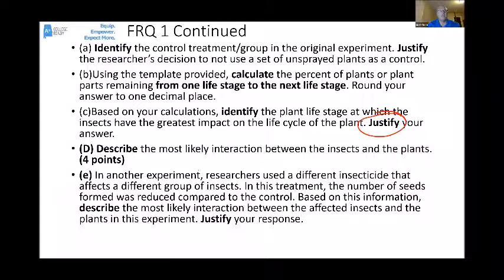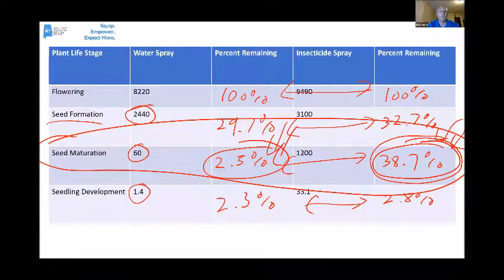All right, on D, describe the most likely interaction between the insects and the plants. So in this example, what are the insects doing to the plants?